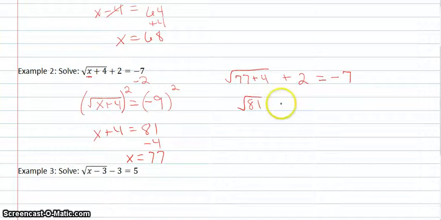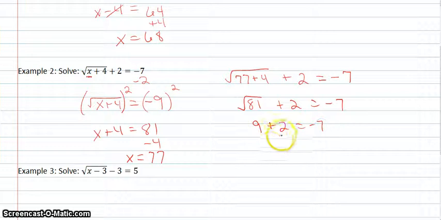We'll take the square root of 81 plus 2 equals negative 7. The square root of 81 is 9, plus 2 equals negative 7. So this actually gives us 11 equals a negative 7, which is not true. So this does not have a solution.